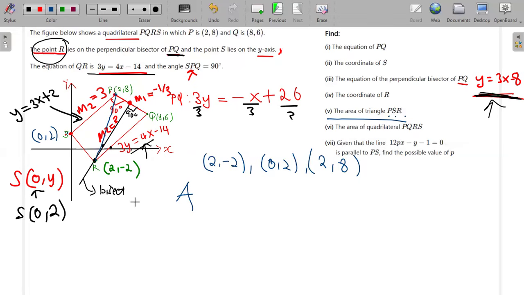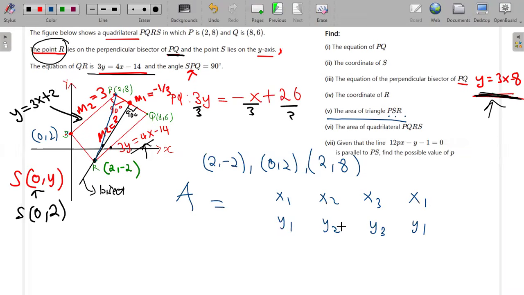It will be x1, x2, x3, and then x1 again. Then y1, y2, y3, and then y1 again, right?